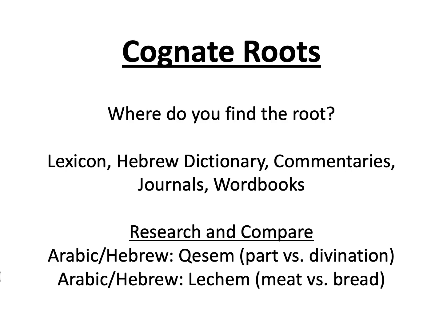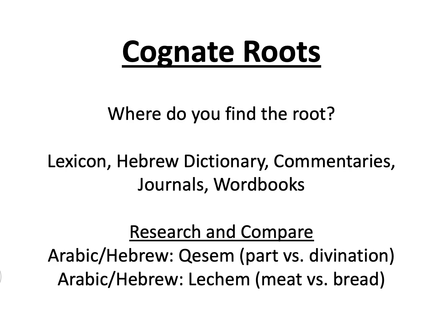In the end, though, we need to not only gather the data, we then need to compare the data. Just because we found the word in another language, we need to think critically about the use of that word. For instance, in both Arabic and Hebrew, we have kesem, and in Arabic and Hebrew, we have lechem. But in Arabic, kesem means part, whereas in Hebrew, it has to do with divination or looking to see the future.